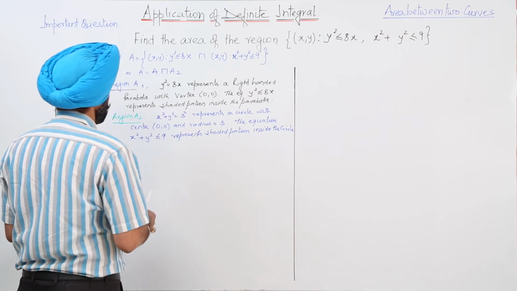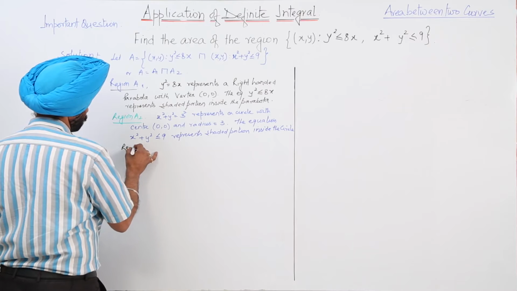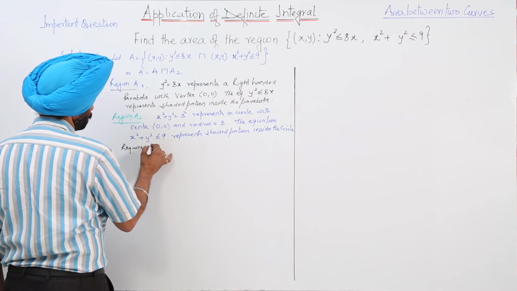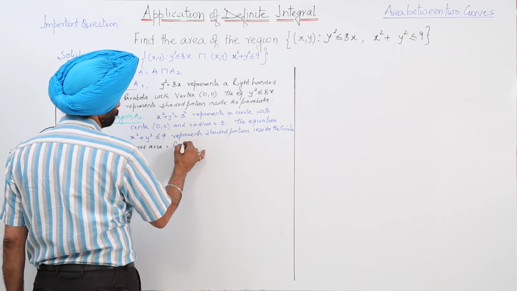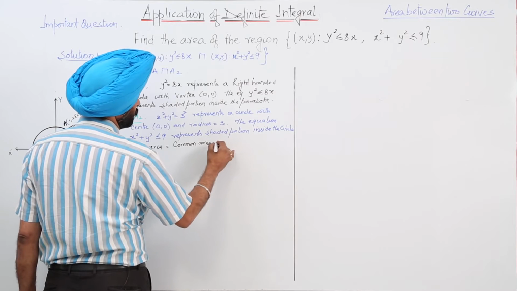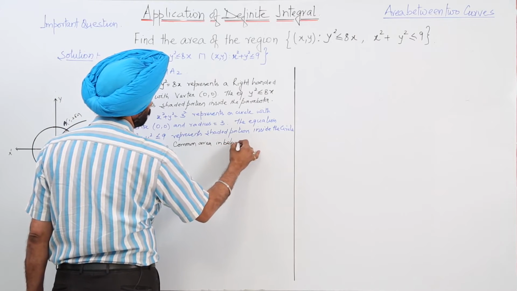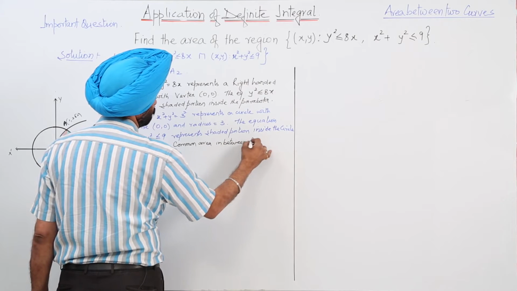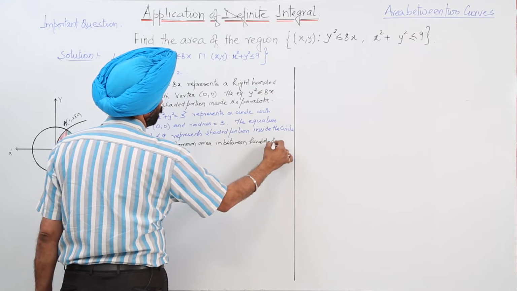Okay. Now the required area is equal to the common area in between the parabola and the circle.